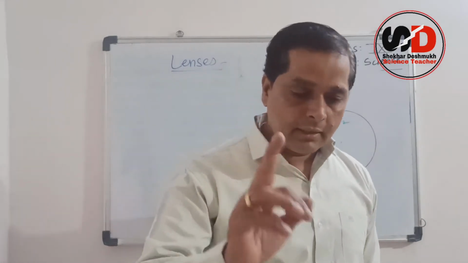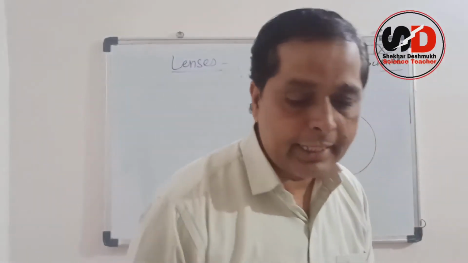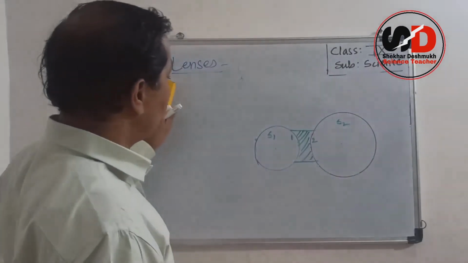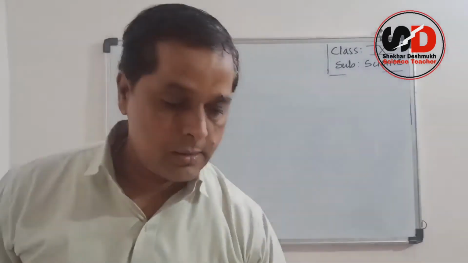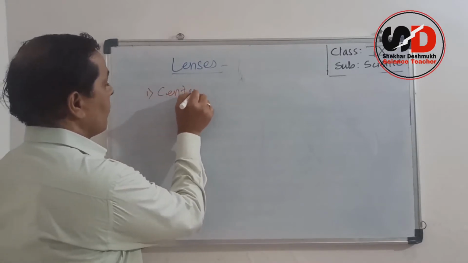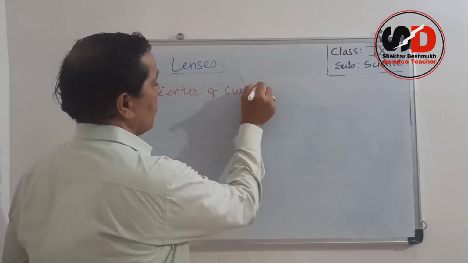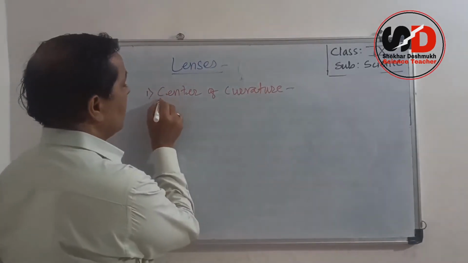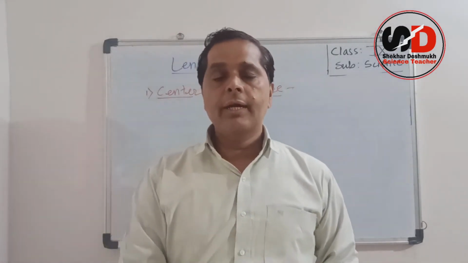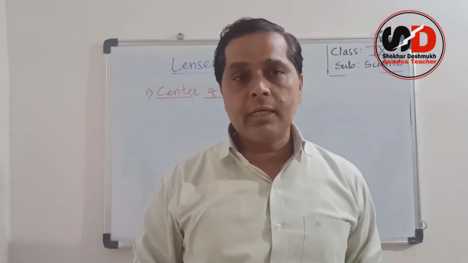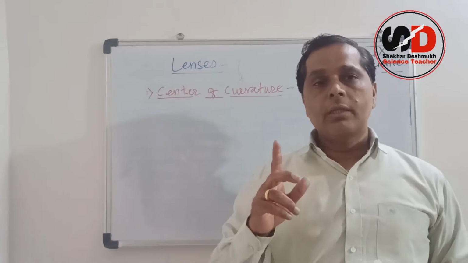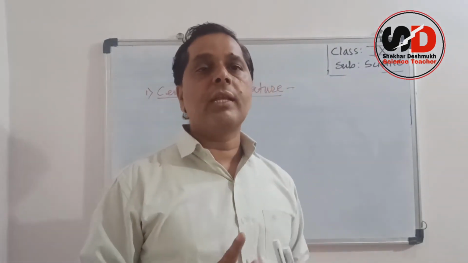The first term that we are going to see is center of curvature. What is center of curvature? It is the centers of the spheres of which the lens or the surfaces of the lens are part.